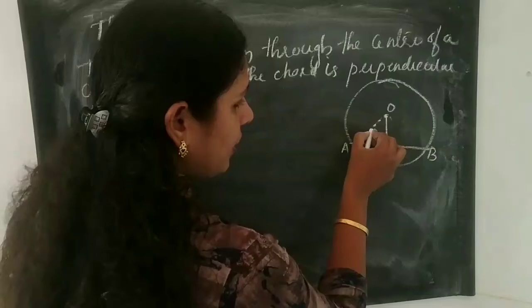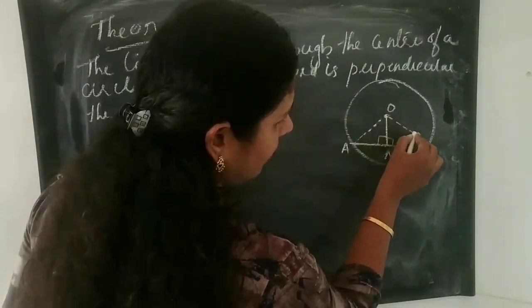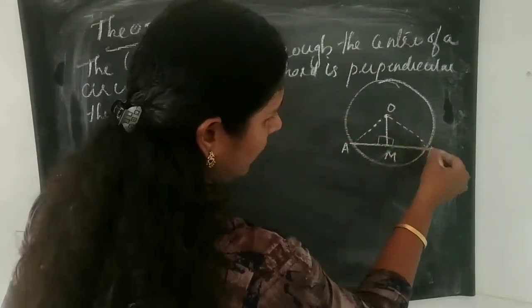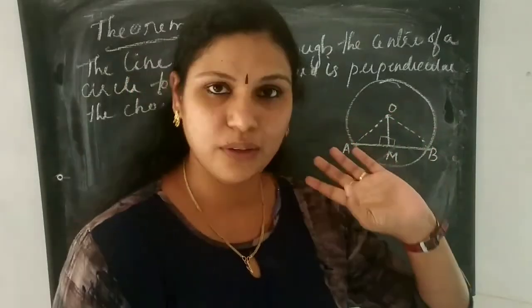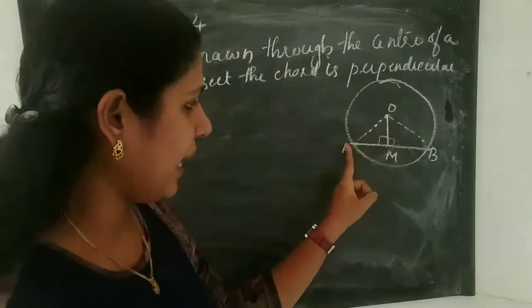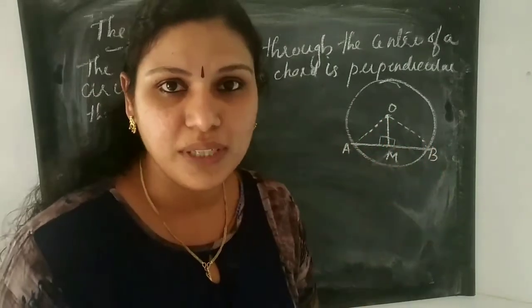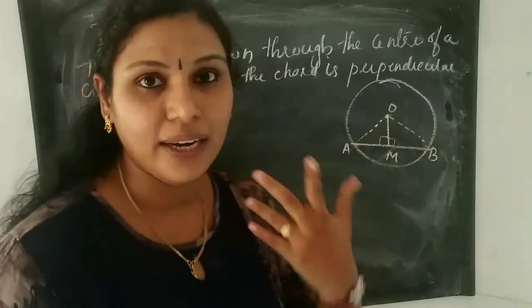We draw radii. We join O to A and O to B. Now we get the radii OA and OB. We have to prove triangles OMA and OMB are congruent. Then by CPCT we can write angles OMA and OMB are equal.